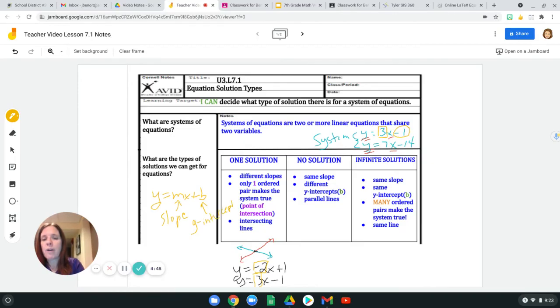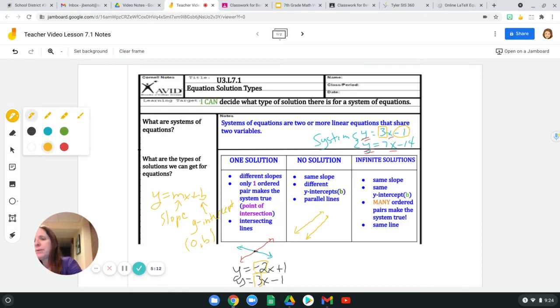And we write our y-intercept as an ordered pair. 0 is x, and then whatever b is goes in for y in that ordered pair.